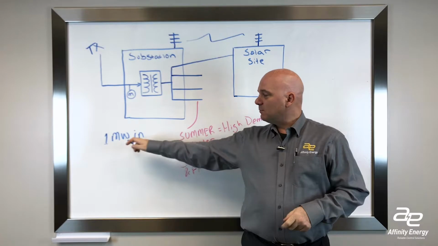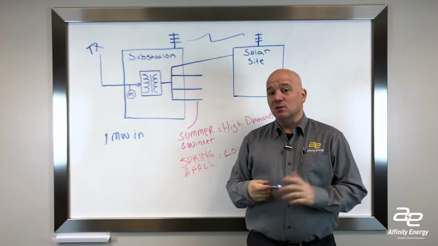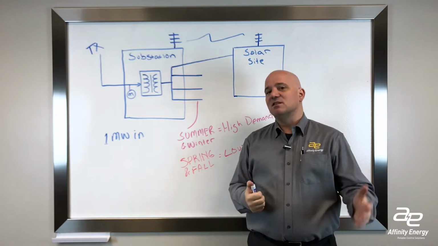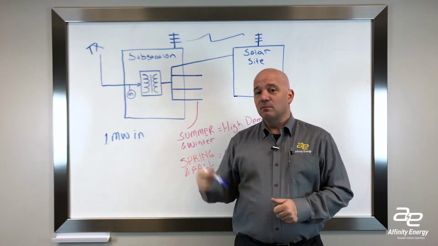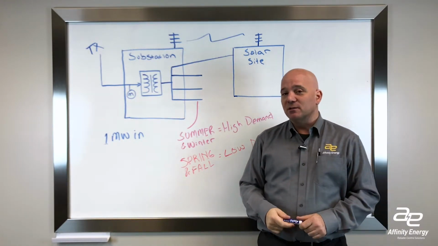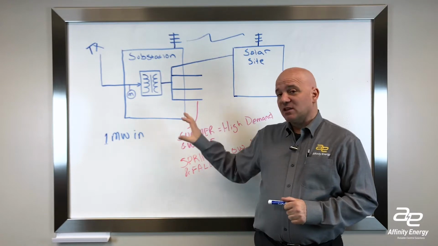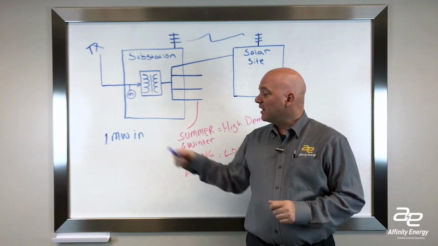Because if we set the buffer too low, say 100 kilowatts, and there were a sudden load change, there might be an instantaneous export of power from the substation back onto transmission, and that is absolutely strictly forbidden. So we have to make sure that that minimum value is never exceeded.